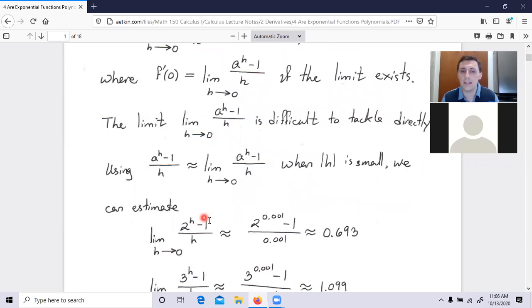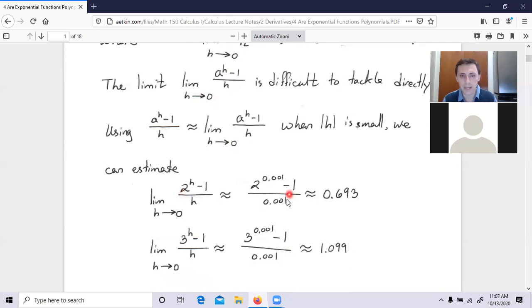So I decided to plug in 0.001, so I plug in 1 over 1,000, considering this to be a small number. When I plug it in instead of the h, I get a number that looks like 0.693. You can try in your calculator and plug in even smaller numbers, and you will see 0.69 and something else. So you expect it to be some number of this form.